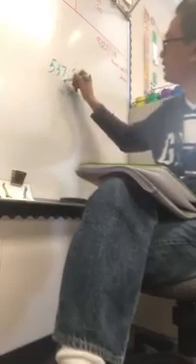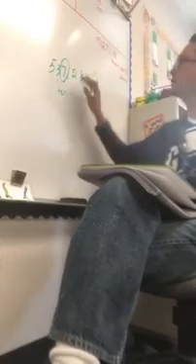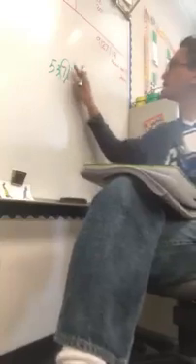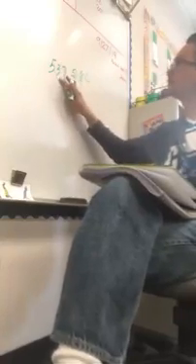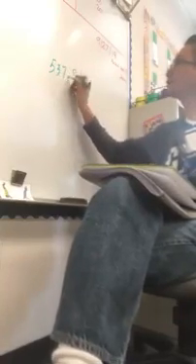Now they will ask you about the 7. What is the place value of this number? Which one is in the thousand place? The 7. So you write the number 7 in that blank.